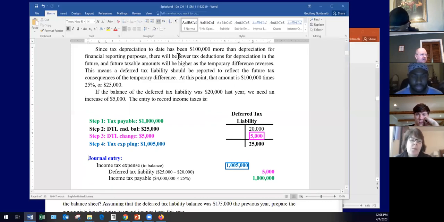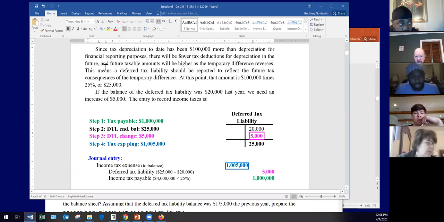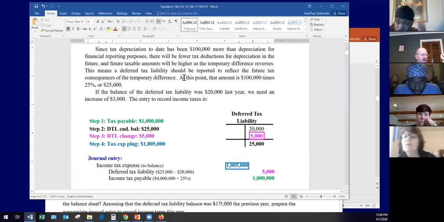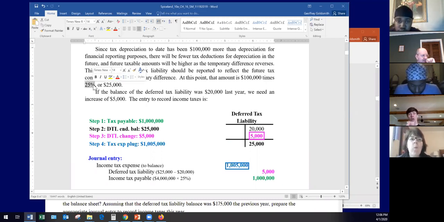So there's going to be fewer tax deductions for depreciation in the future. They already got a bunch of tax deductions, more than they took on the financial statements. So it's $100,000 timing difference, and the tax rate on that $100,000 is 25%, which is given here.